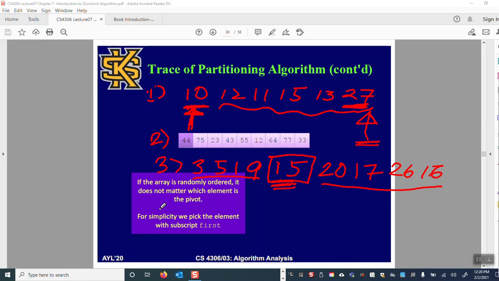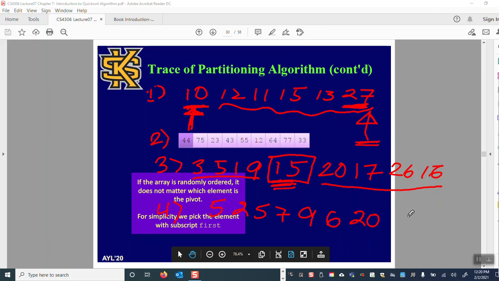But we may have another situation, for instance 5, 25, 7, 9, 6, 20, and 10.